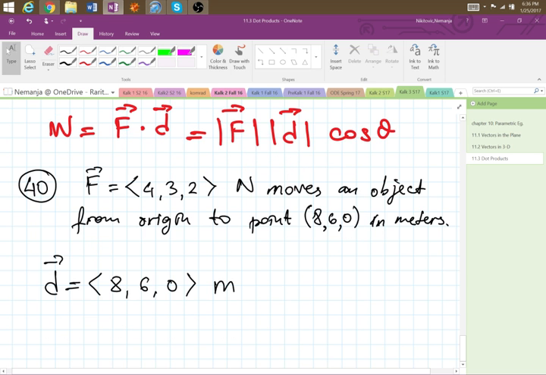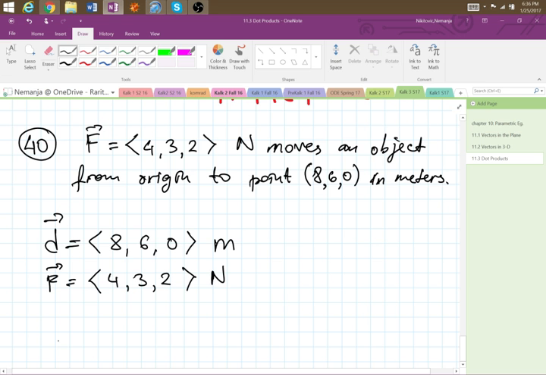And you also have the force, 432, in newtons. And what do we do for work? Dot product between the two, 860 dotted with 432. And what do we get?